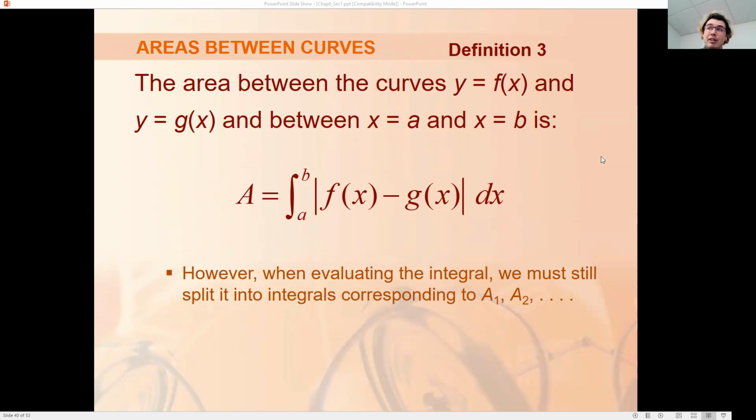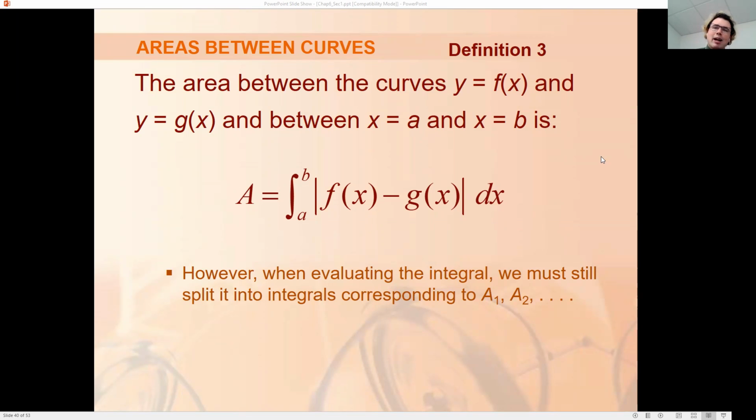And now I don't even care about which function's on top. The area between the curves f of x and g of x, between coordinates x equals a and x equals b, is equal to the integral from a to b of the function absolute value of f of x minus g of x, all dx.